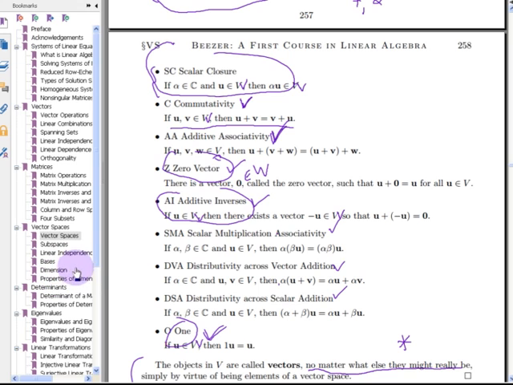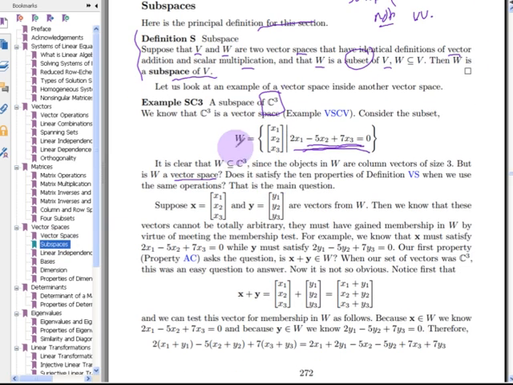Okay, so let's go back to where we are. All right, so let's see. If we want to show additive closure, we've actually done things like this before. If we take x plus y, we get this result, and we just need to test this relationship on this result.